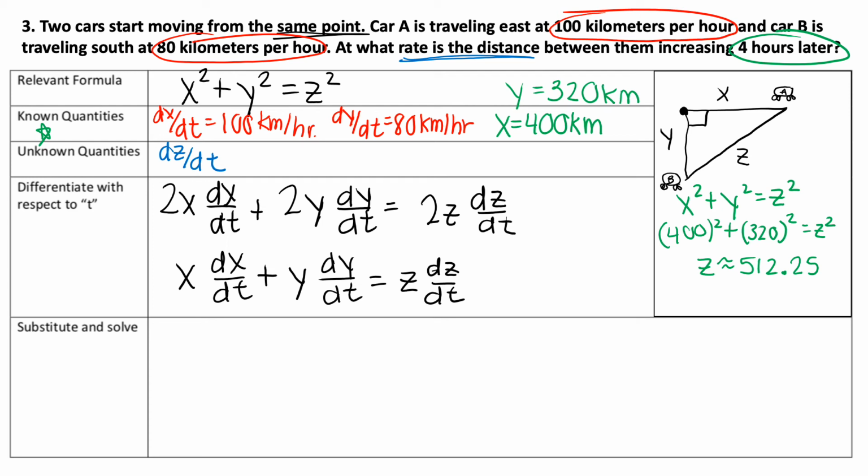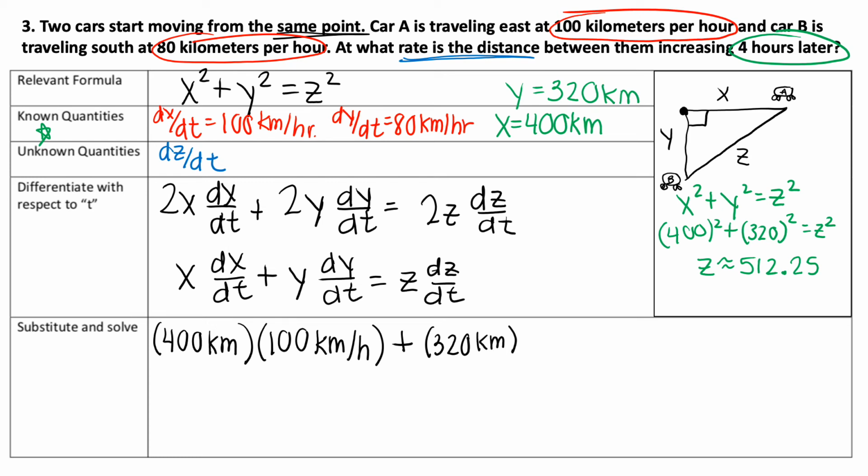Now that we've found everything we need, we can go ahead and substitute in and then solve. Plugging in for x with 400 kilometers times dx/dt, which is 100 kilometers per hour, plus plugging in for y at 320 kilometers times dy/dt, which is 80 kilometers per hour. This is equal to z, which is 512.25 kilometers, and then dz/dt, which is what we're looking for.